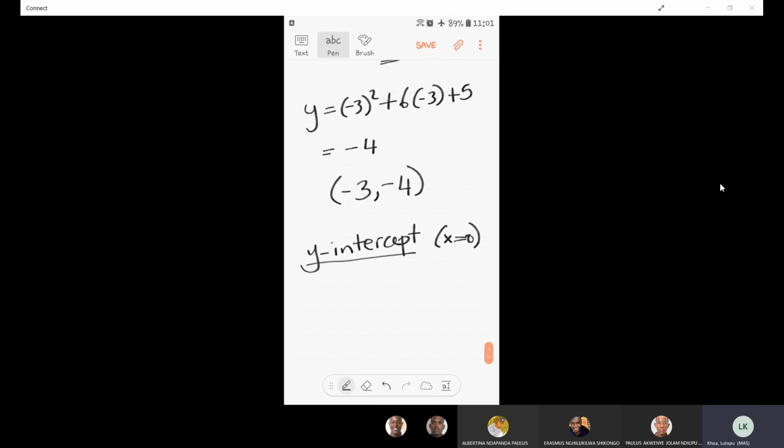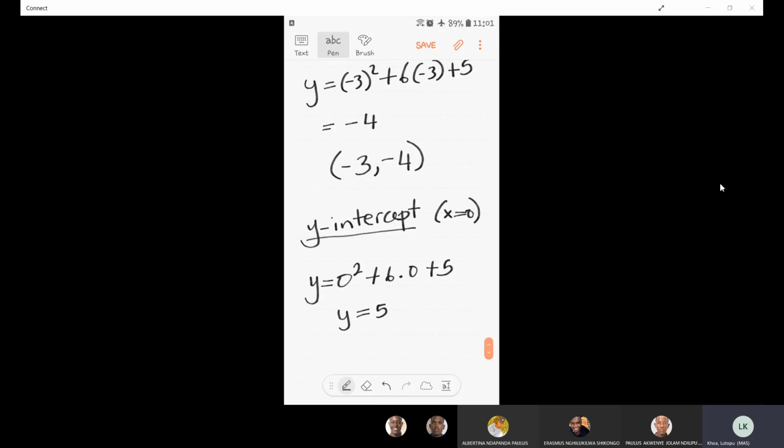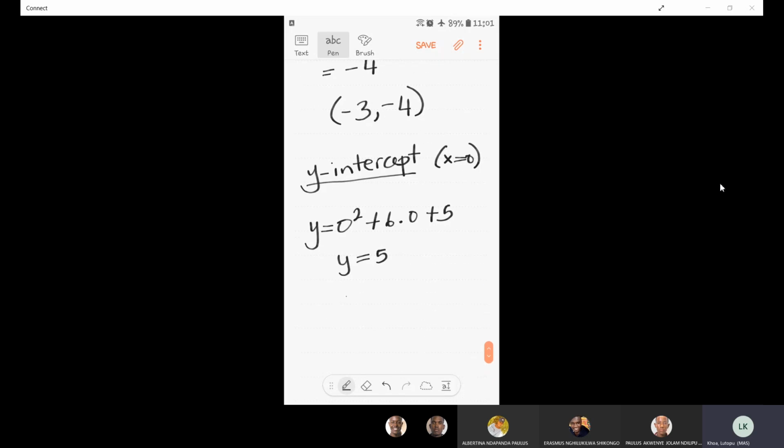So we have y is equal to 0 squared plus 6 times 0 plus 5. This means that y is equal to 5. So we can write this down as a coordinate. It's 0 because the x coordinate is 0, and then comma y. So this is the second point that I have to plot on my graph.